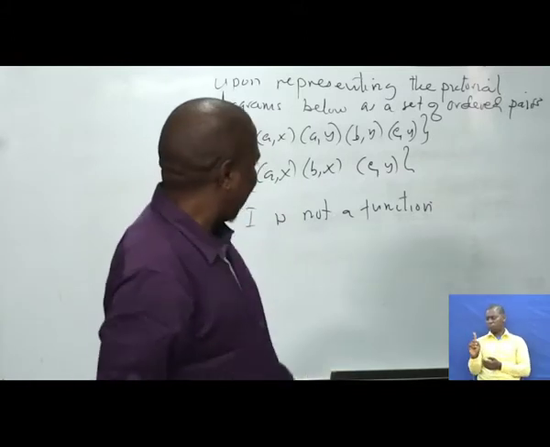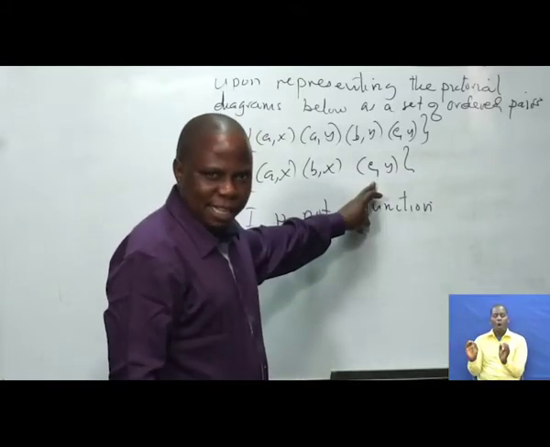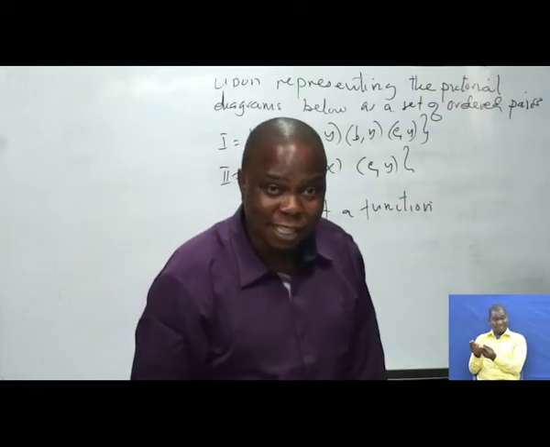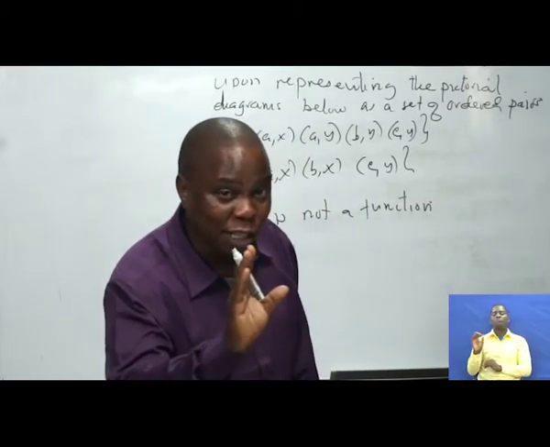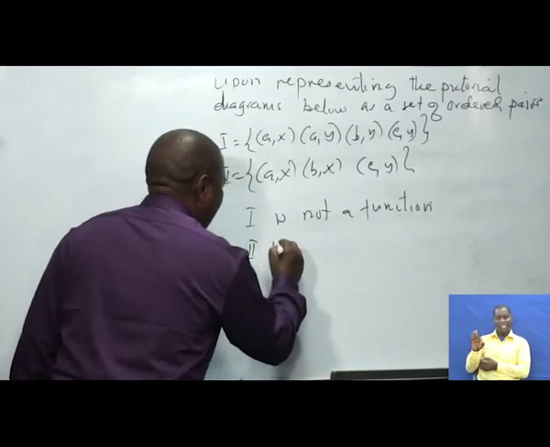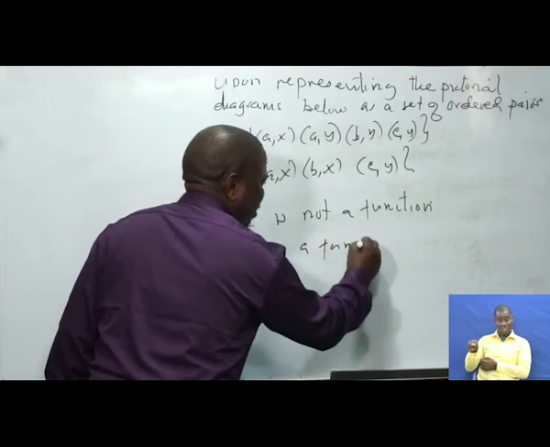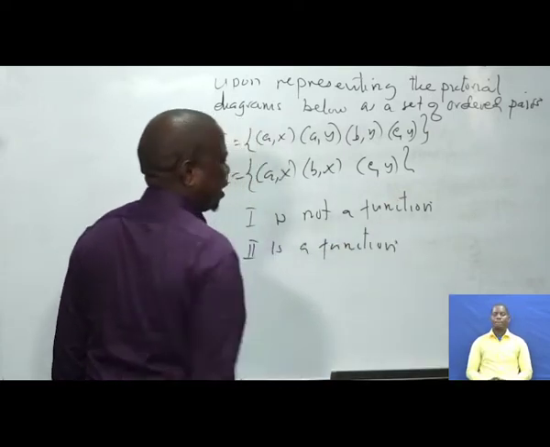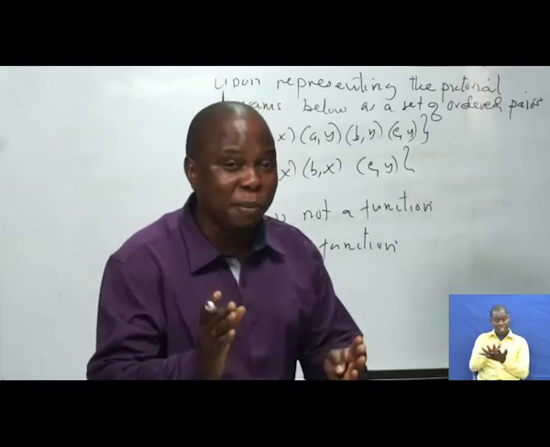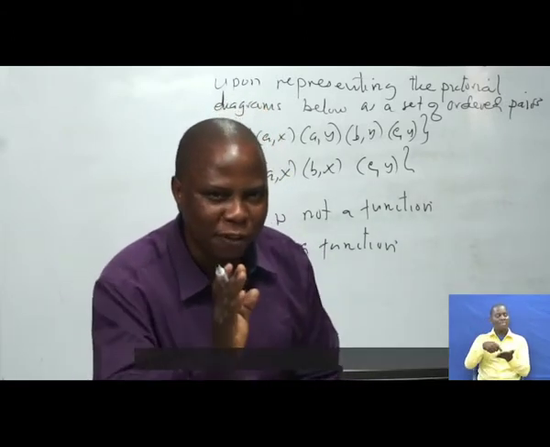No. The last one is C. Is there any other ordered pair which has got C as the first entry? No. That means it meets the condition for a function. So the second one here, Roman 2, is a function. So by using these two explanations, you can now give me a very good definition of a function.